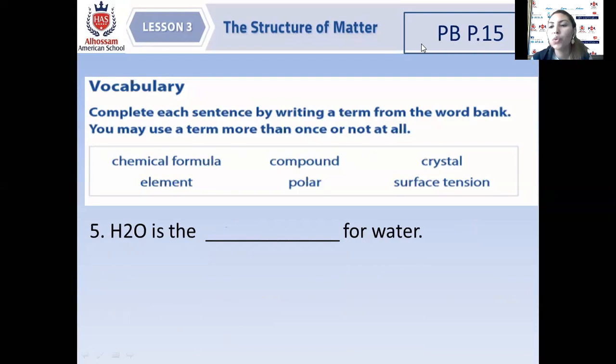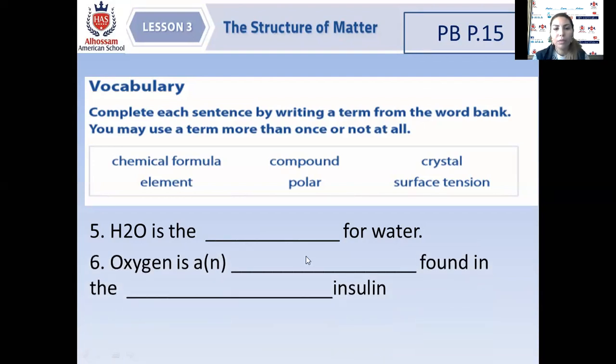Jana, in English please: H2O is called the chemical formula. Great job. So it's called the chemical formula.